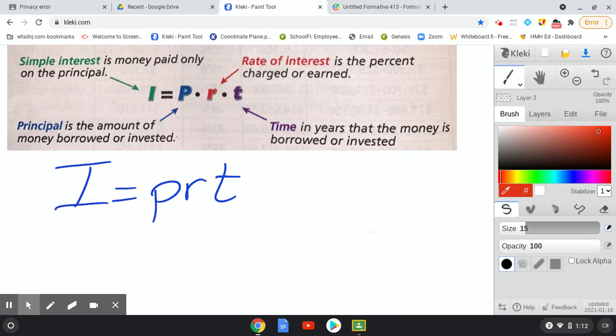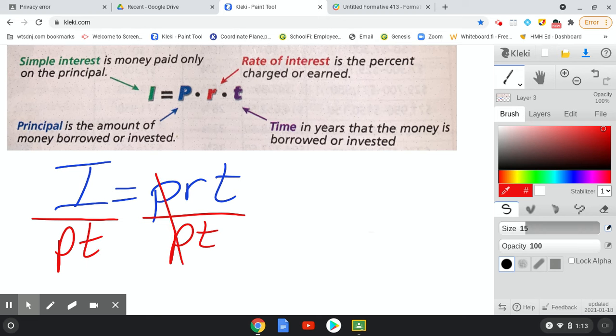They give you all of the information, but you need to know what the rate is. So you want the R by itself. What is with the R that we want to get rid of? Well, the P and the T are with the R. So I'm going to divide both sides by PT. The P and the T cancel, and we have our R by itself. The rate is equal to the simple interest over the principal times the time.